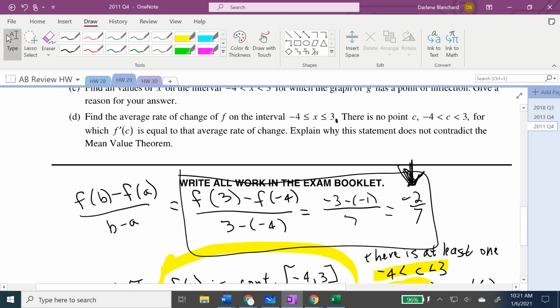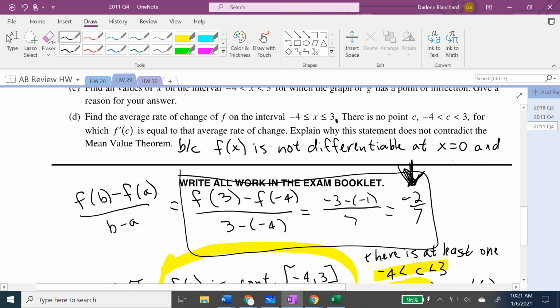So for your explain why this statement does not contradict the mean value theorem, you need to say because f of x is not differentiable at x equals 0, and 0 is between -4 and 3.